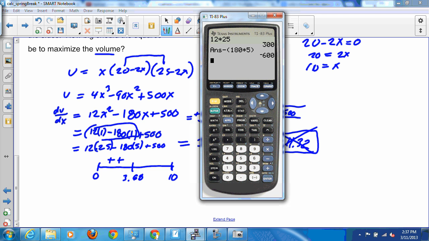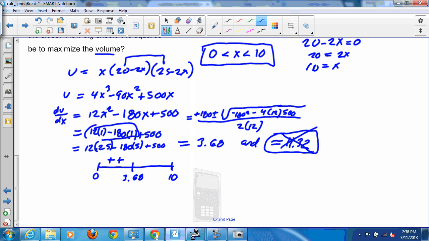Negative 600 added to my 500, of course, is going to give me a negative 100, right? You see that it's a negative 100. So we know that it's a negative right here. So this satisfies the first derivative test, telling us that we have an increasing function that starts decreasing after 3.68. So that's enough to tell me that that's a relative max.